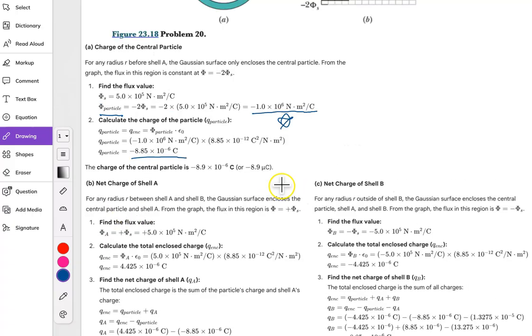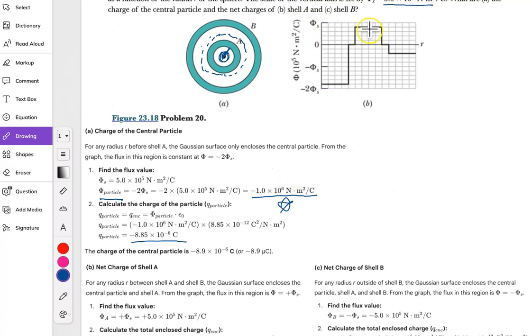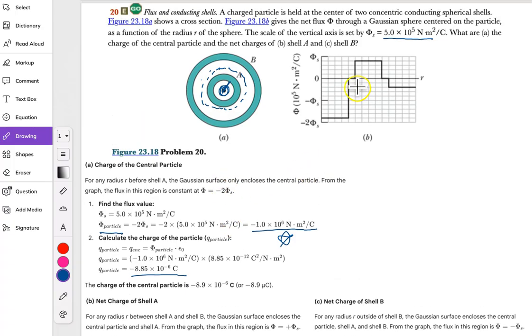Well, if we look at the table here and look at the graph, we see that the flux in that region is basically just positive phi s. And so that's what we see. And remember, because the scale of the vertical axis is this guy right here.